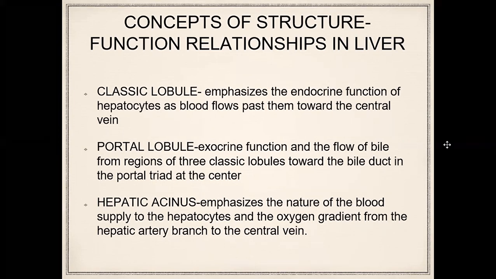So, classic lobule, endocrine function; portal lobule, exocrine function; hepatic acinus emphasizes the nature of the blood supply to the hepatocytes and the oxygen gradient from the hepatic artery. Please study this, okay? Read your textbook for better understanding. This is very important.